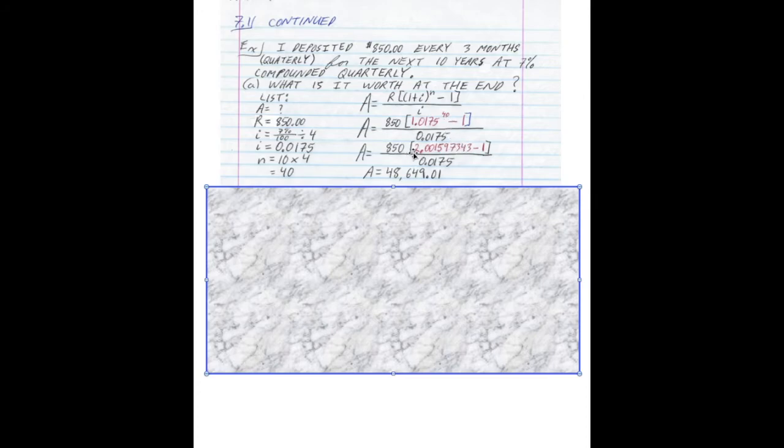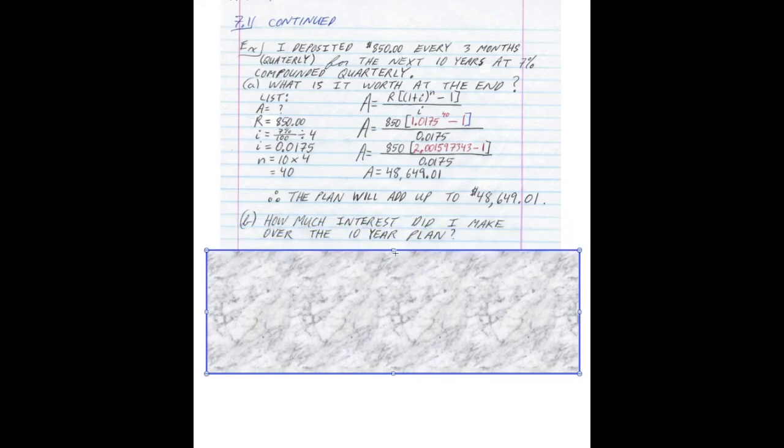Now notice that's a big number, but I still have to subtract 1 first, then times 850, then divide by 0.0175. Total, at the end of 10 years, this plan is going to be worth $48,649.01.